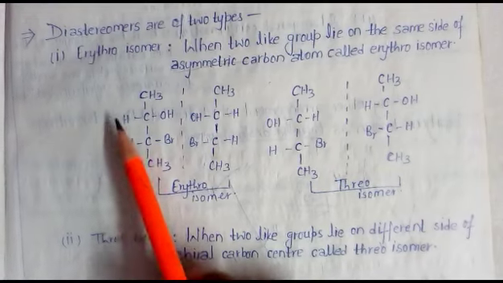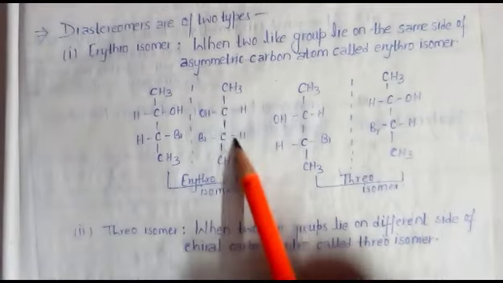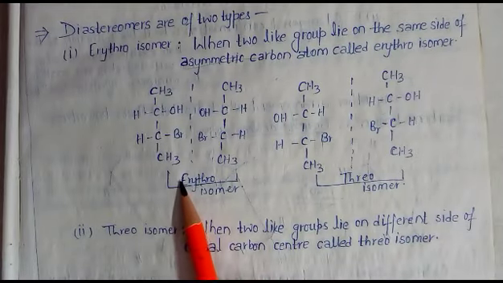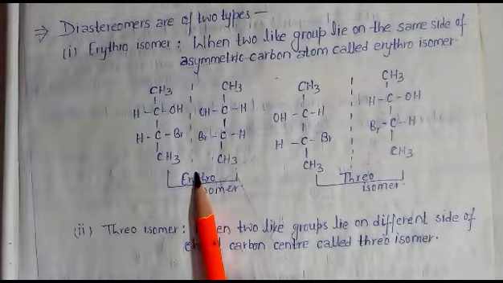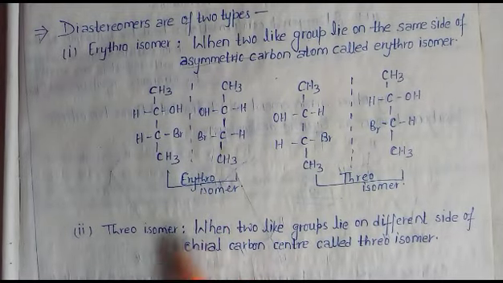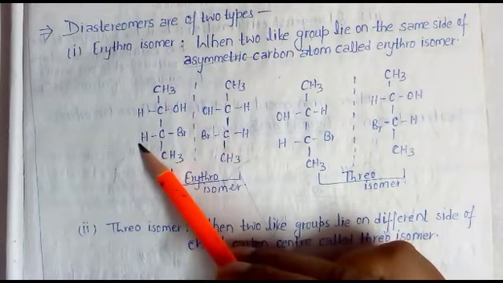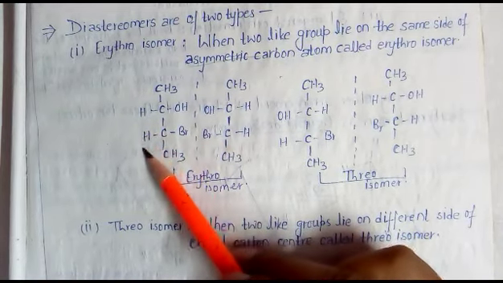For example, in this case the two like groups, hydrogen, lie on the same side, and these are non-superimposable mirror images of each other. In this molecule, if like groups lie on the same side, this is called erythro.